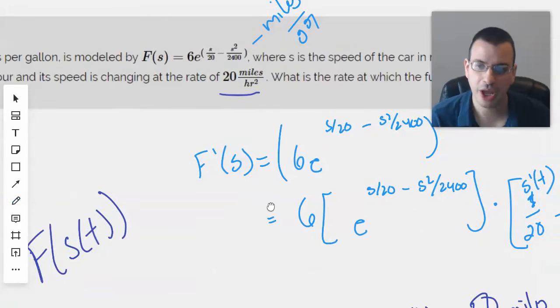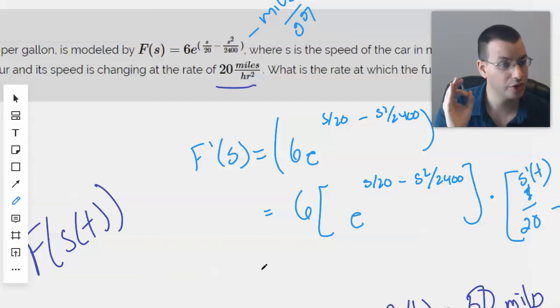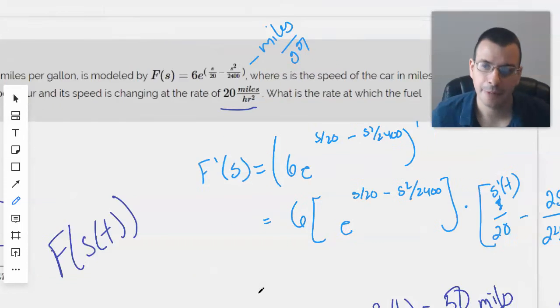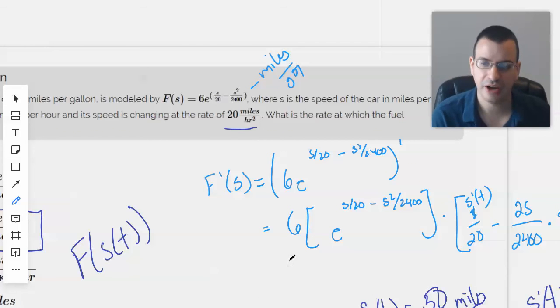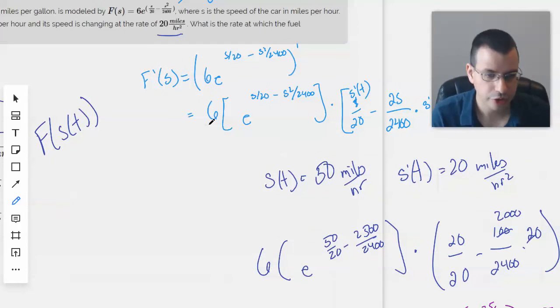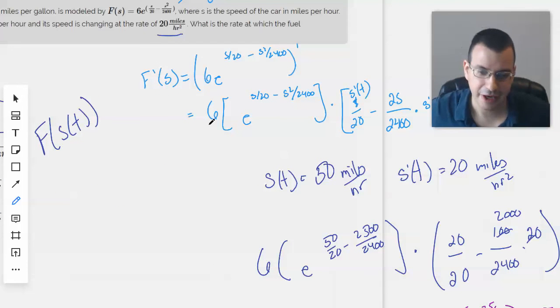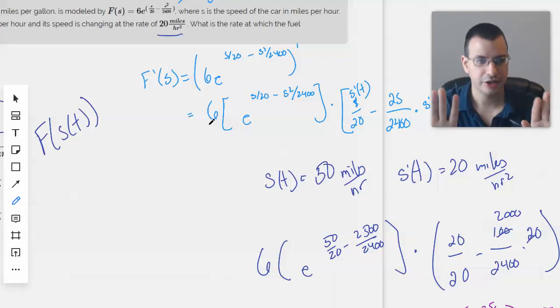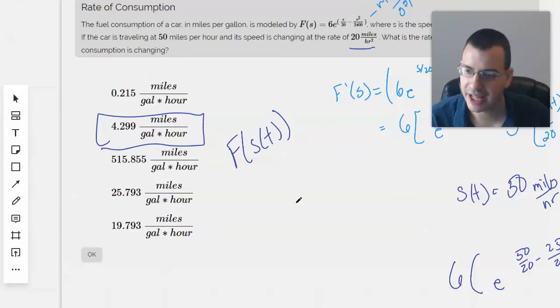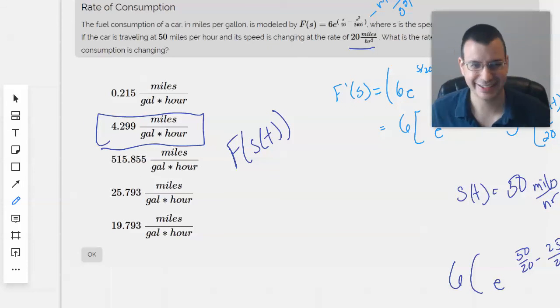But when you have this s value, you're not taking the derivative with respect to x, you're taking the derivative with respect to time. When you take the derivative of speed with respect to time, you get an acceleration, this s prime of t, measured in miles per hour squared. You write it out, plug in all the values, and put it in your calculator, and that answer is 4.299. Go team.